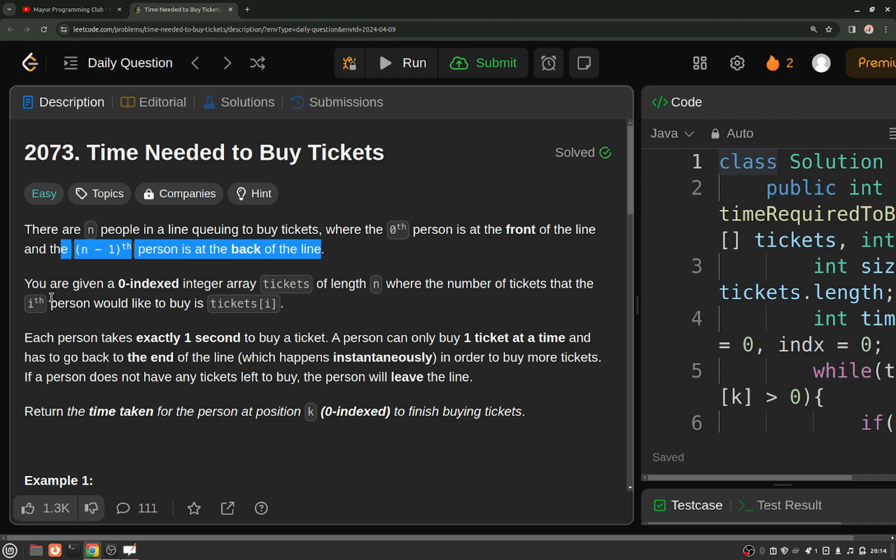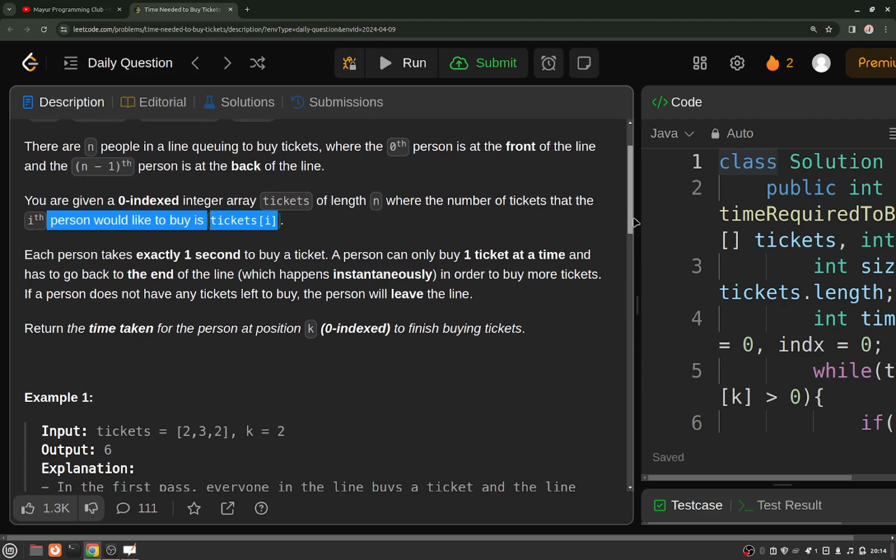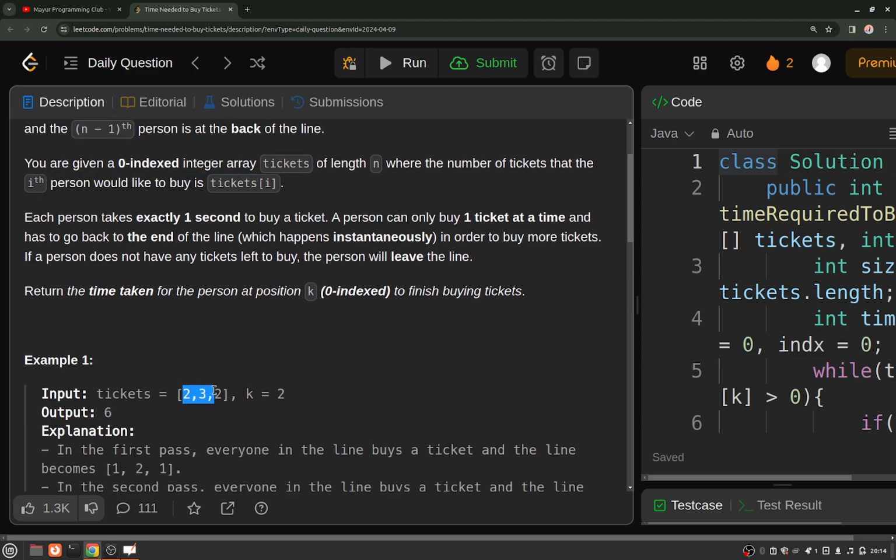Now back to the problem statement and reading it further. You are given a 0 indexed integer array tickets of length n, where the number of tickets that the ith person would like to buy is given. For example, here there are 3 persons.